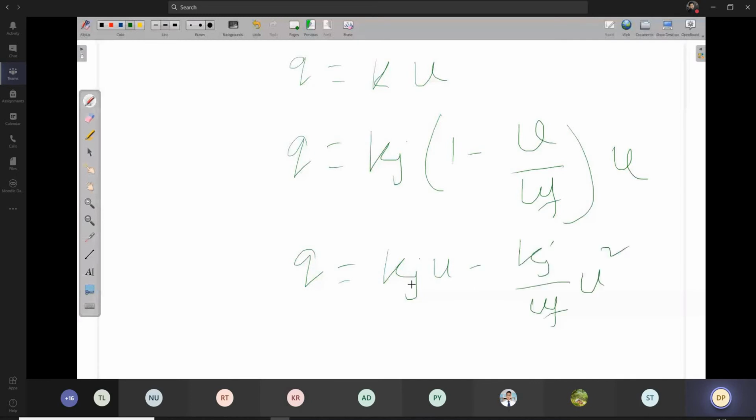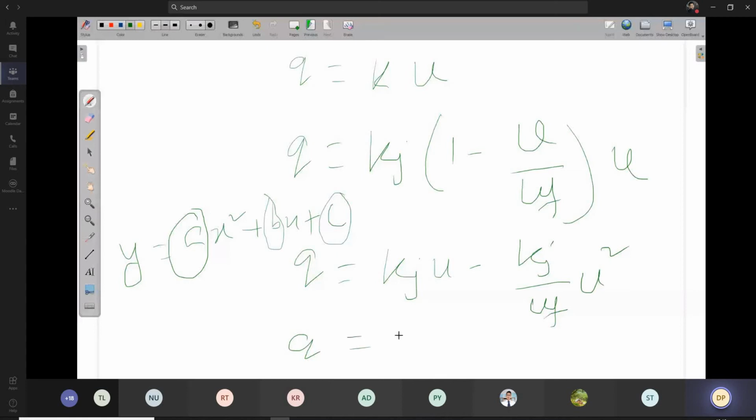See here, this Kj and Uf are constants. Like what we write in the equation y equal to ax square plus bx plus c, this a is a constant, b is a constant, and c is a constant. Similarly here also Kj and Uf are constants.